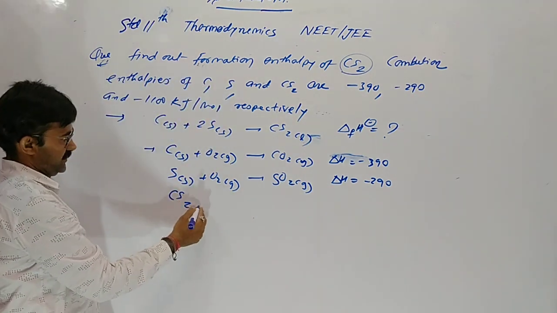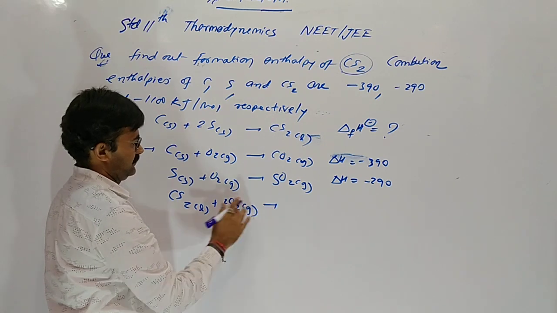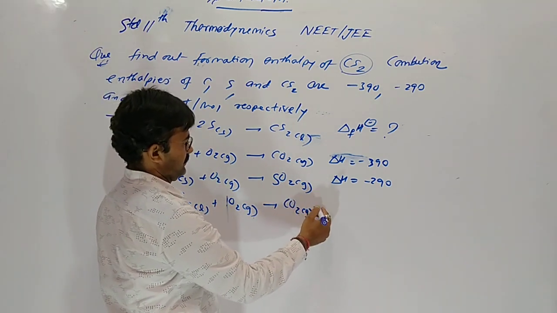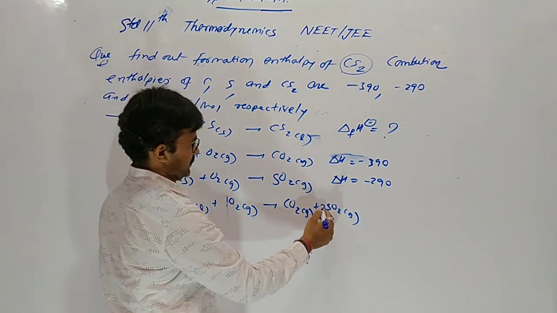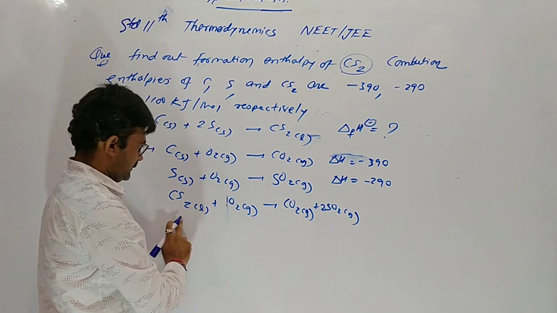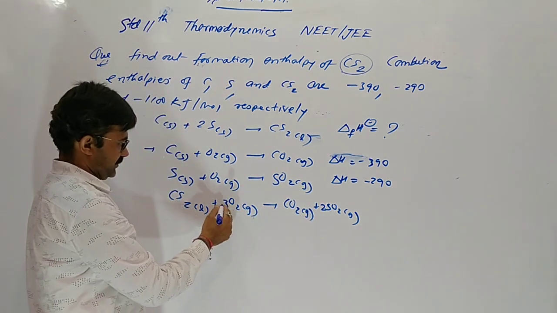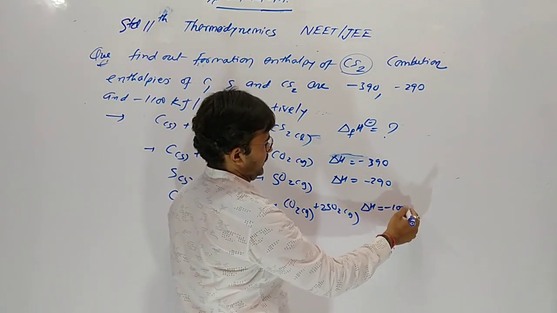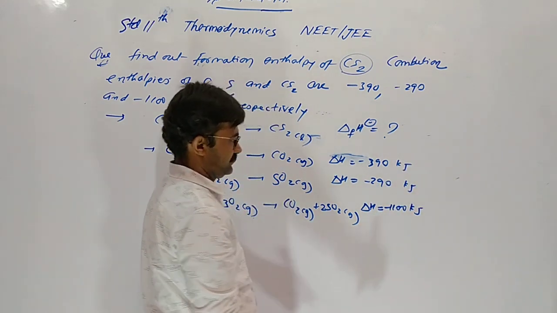And combustion enthalpy of carbon disulfide also given. We have to mix reaction. Here sulfur is 2, so 2. Oxygen 4 plus 2 is 6. So here 3. So enthalpy will be minus 1100 kilojoule.